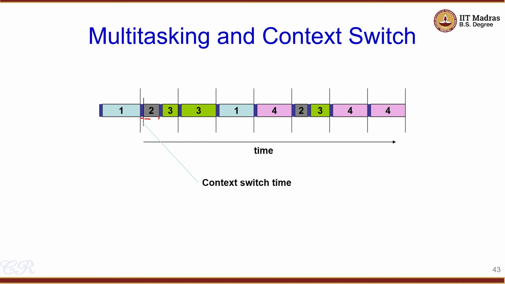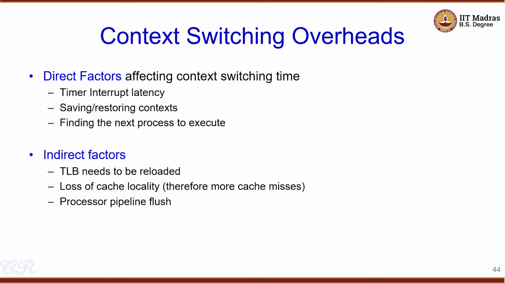So every time we have a timer interrupt like this, such an amount of context switching time is essentially wasted due to the scheduler and other aspects. So what affects this context switching time?